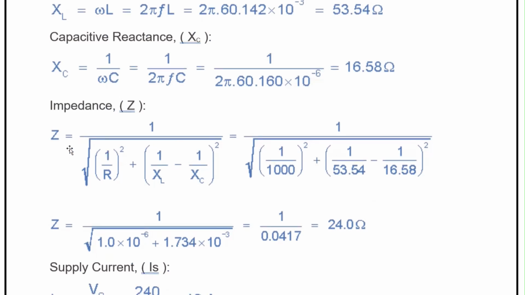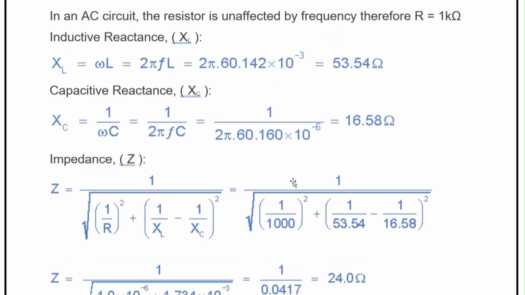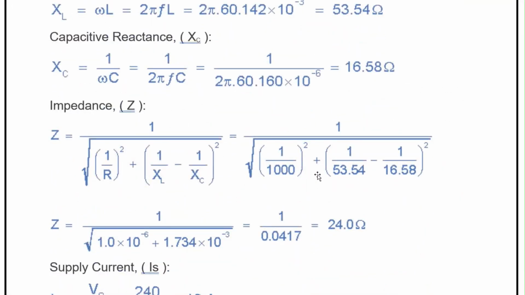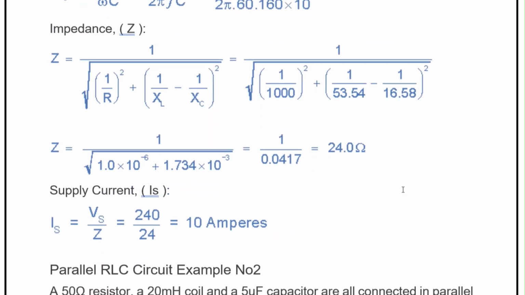And you calculate the impedance Z, which is equal to 1 upon the square root of (1 upon R) whole square plus (1 upon XL minus 1 upon XC) whole square, for the parallel circuit. The value of R is 1 kilo ohm, so it is 1 by 1000 whole square plus 1 by 53.54 minus 1 by 16.58 to the whole square.